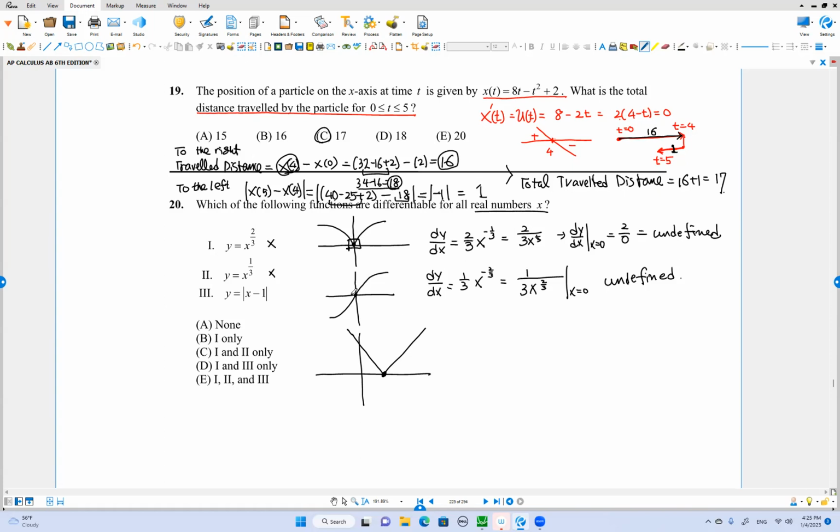This point, no. This point, no. This point, no, right? So none is the answer. All these three graphs are not differentiable at one point: x equals 1, 0, 0, and the last one is 1 over here.